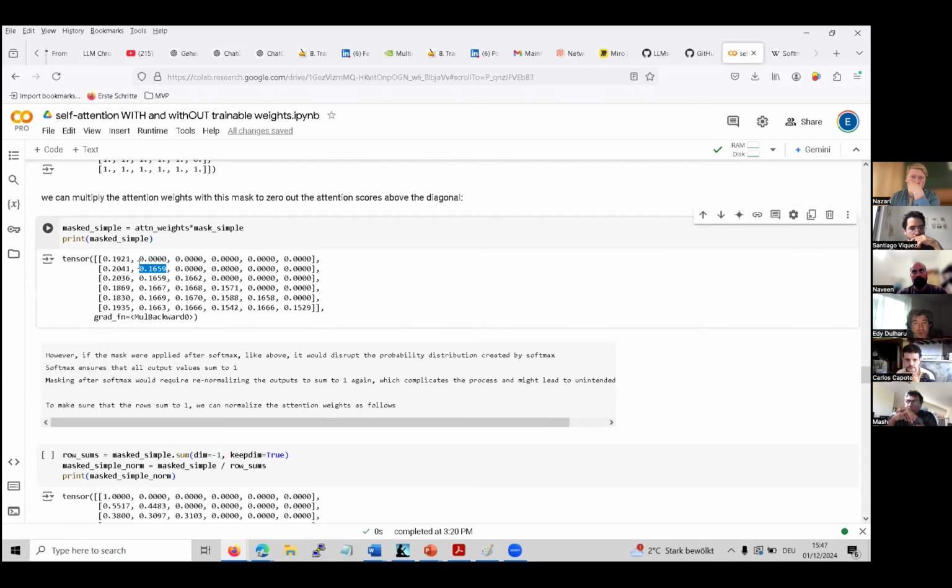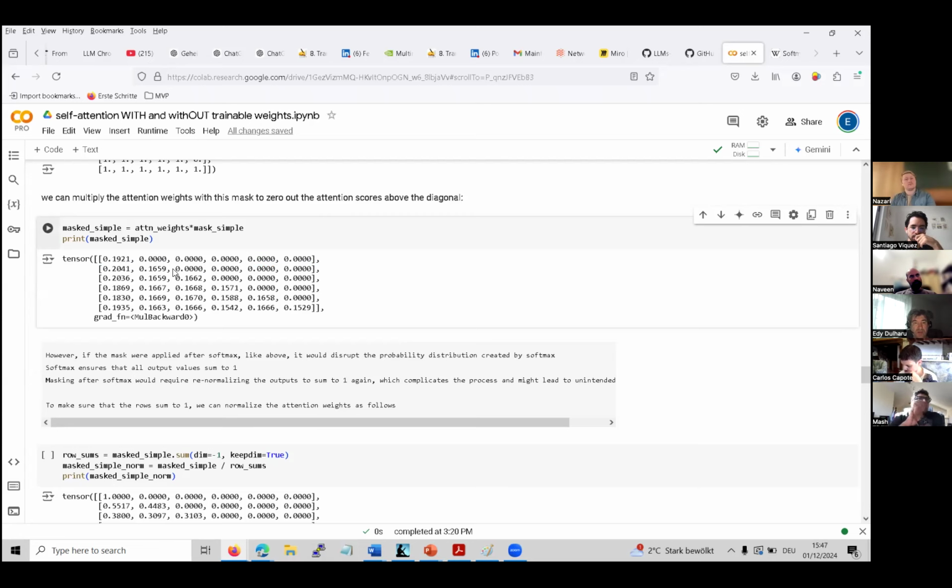Okay, but now because we did this, we lost the ability to interpret these numbers, because now these numbers don't sum up to one anymore. The previous elements on one line summed up to one.